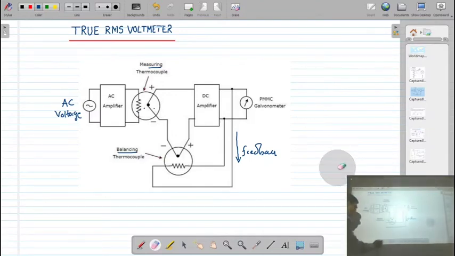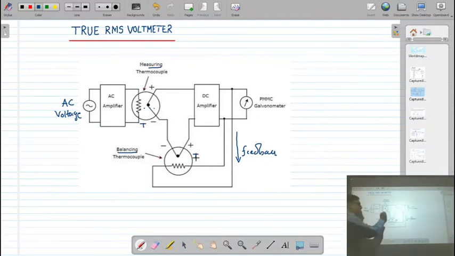So first of all, if we look at this diagram, the two thermocouples are there. Initially, when you are not applying any signal, both thermocouples are in the same environment, meaning the temperature of this and the temperature of this thermocouple is the same.